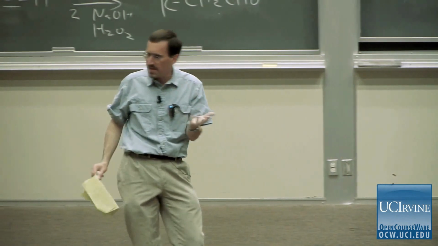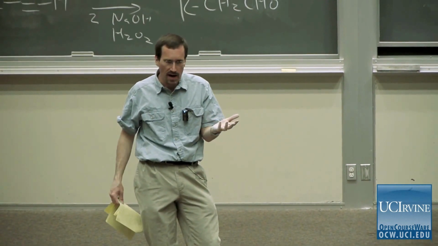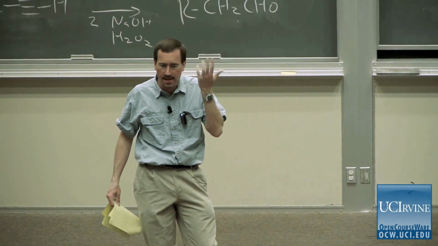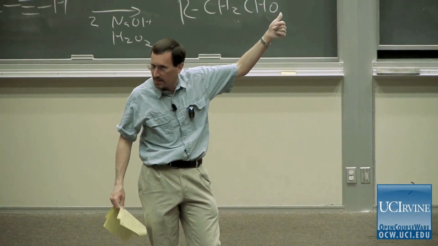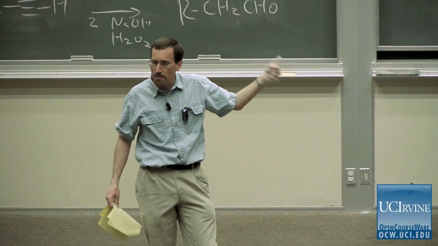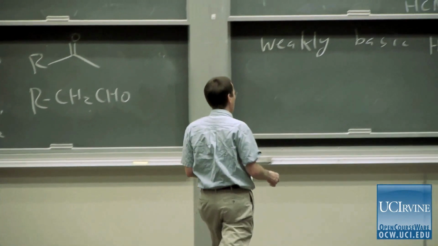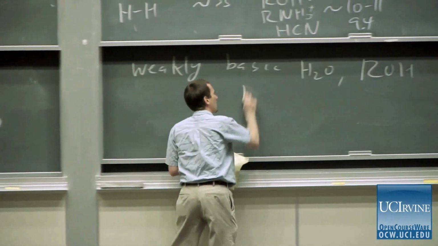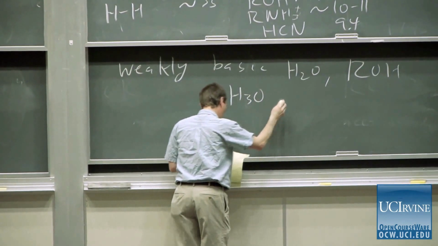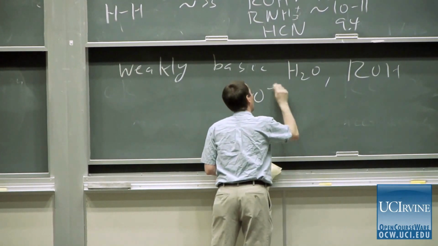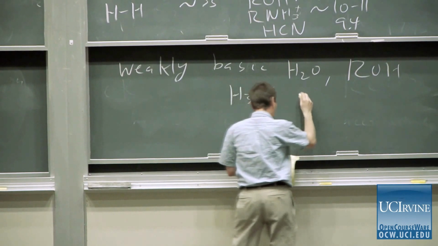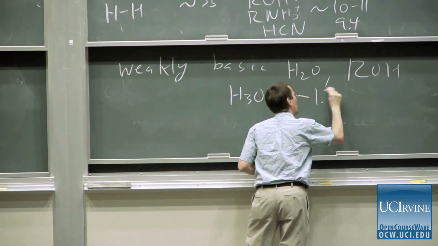So there's actually two pKa's to keep in mind. If I'm thinking about water as a base, not as an acid, as we just did, but as a base, I need to think of the conjugate acid of water, the hydronium ion, H3O plus. The pKa of the hydronium ion is negative 1.7.